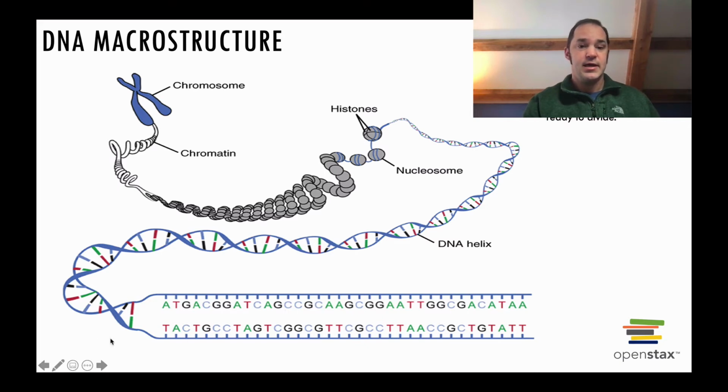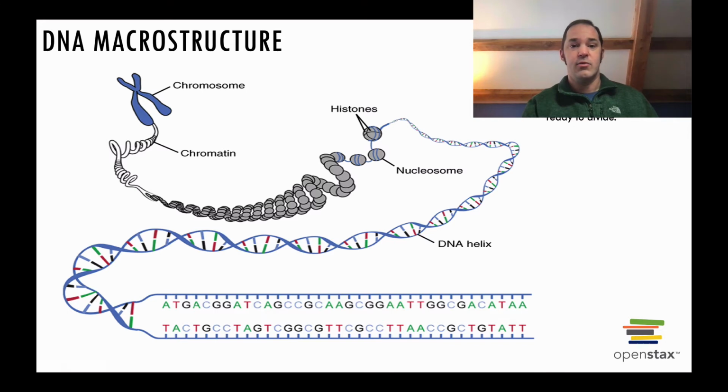And as we've talked about before, DNA is a double helix. There are 2 strands of complementary bases. And this double helix in the nucleus is wound around proteins called histones.